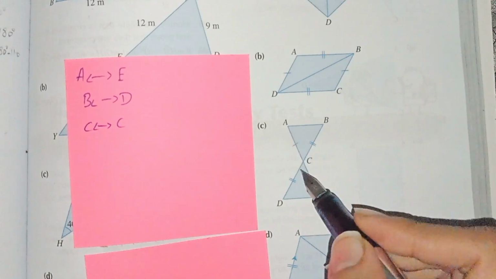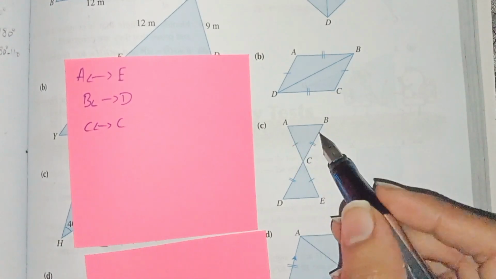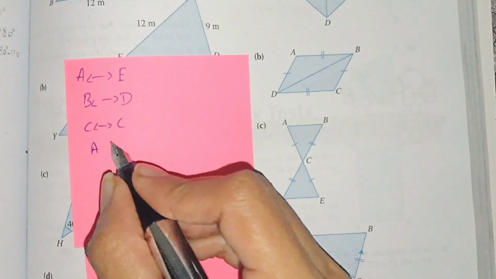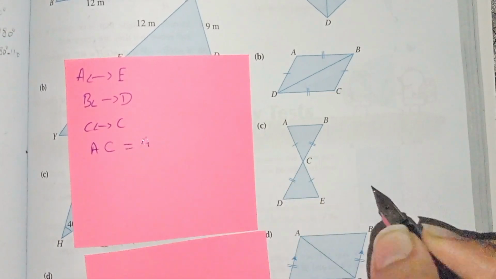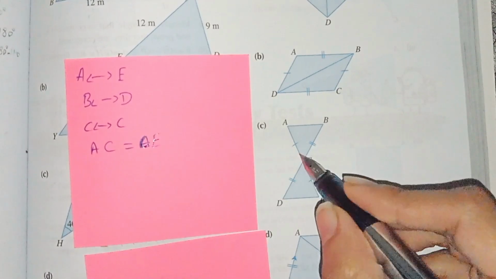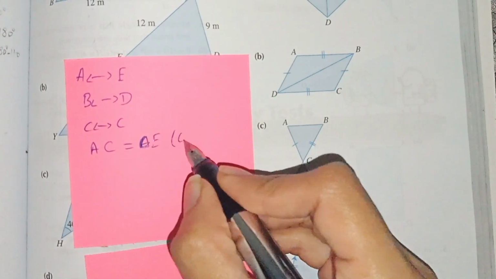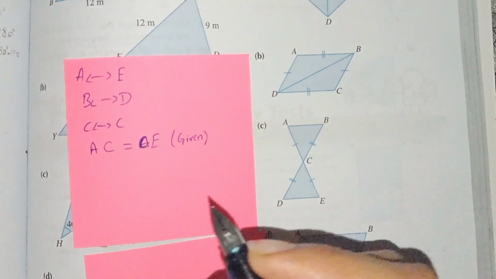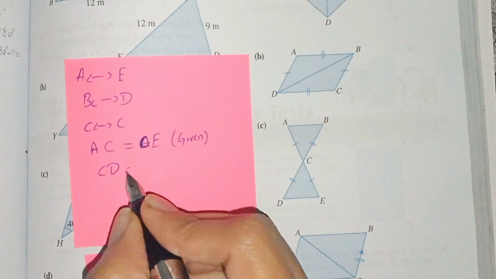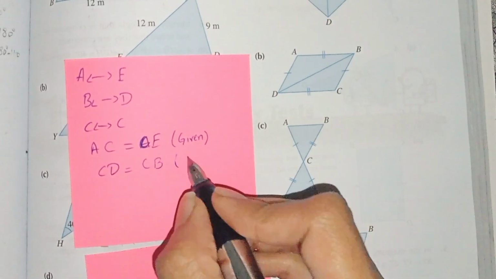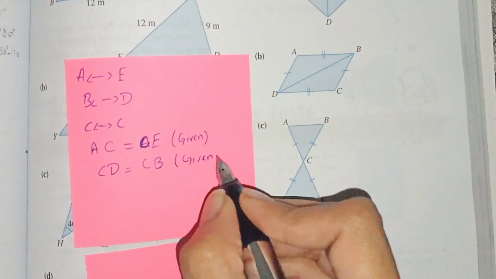Now we can write the lines which are equal to each other: AC is equal to CE, and that is given to us. CD is equal to CB, that is also given to us.